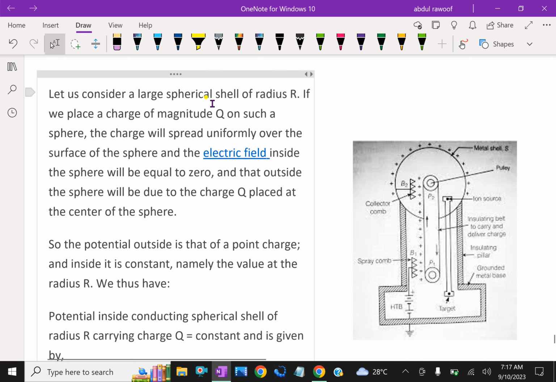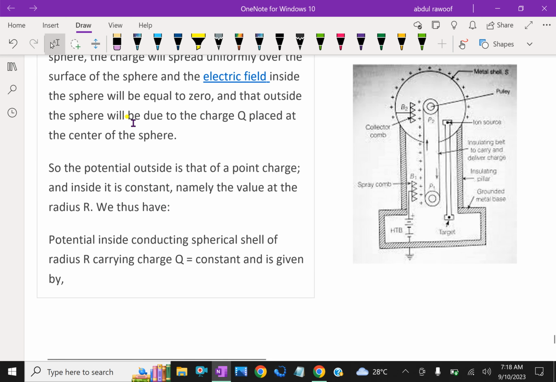Let's consider a large spherical shell of radius r. If we place a charge of magnitude q on such a sphere, the charge will spread uniformly over the surface of the sphere, and the electric field inside the sphere will be equal to 0, and outside the sphere it will be due to the charge q placed at the center of the sphere.